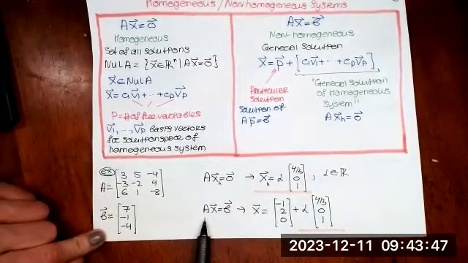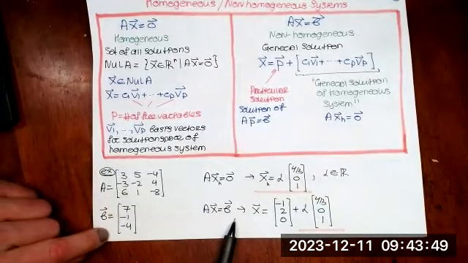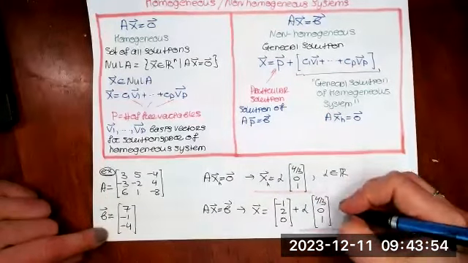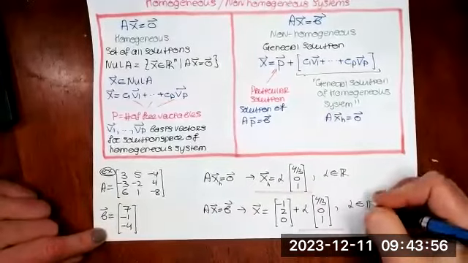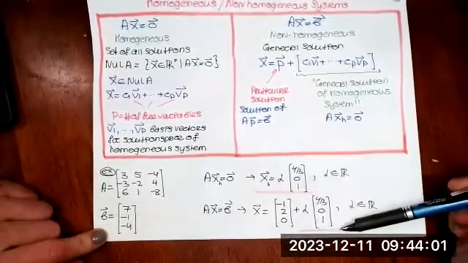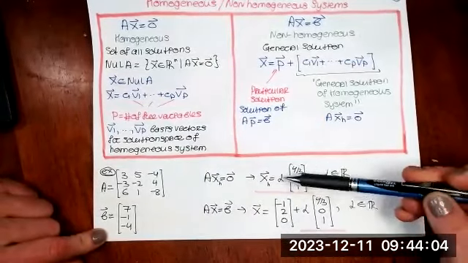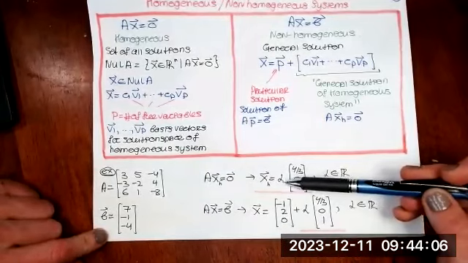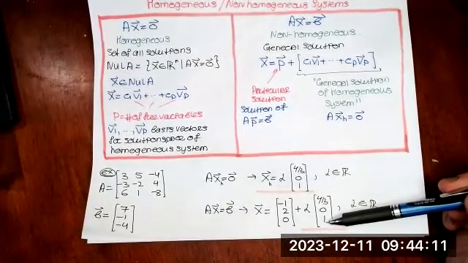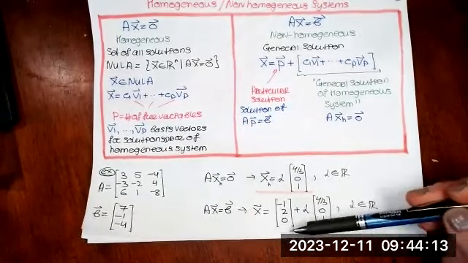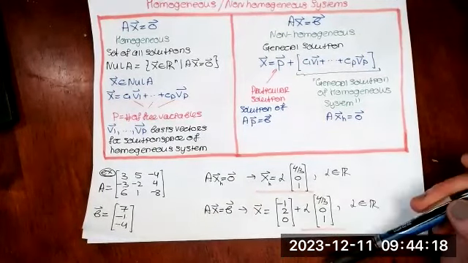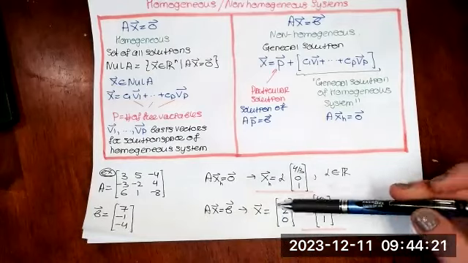But if instead I solved Ax equals b and also wrote my solution in parametric vector form, I would see that part of this solution is the same. The part that has the free variable in it is exactly the same as the solution to the homogeneous problem. The only new part is this other vector, which doesn't have any free variables. It's going to be fixed.